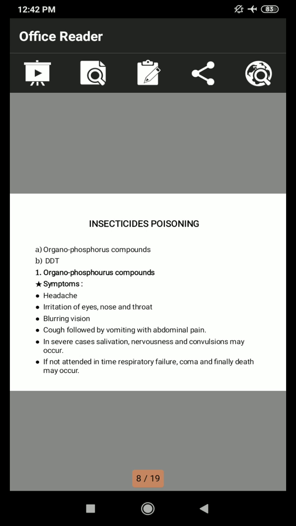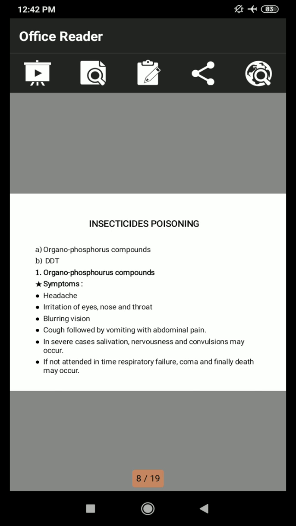First is headache, second irritation of eye, nose and throat, third blurring of vision, fourth cough followed by vomiting with abdominal pain, fifth in severe cases salivation, nervousness and convulsions may occur, and last, if not attended to in time, respiratory failure, coma and finally death may occur.